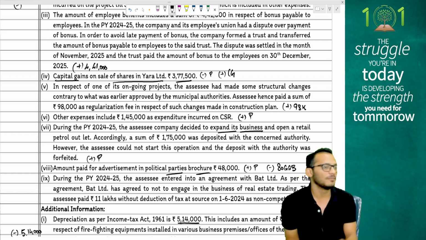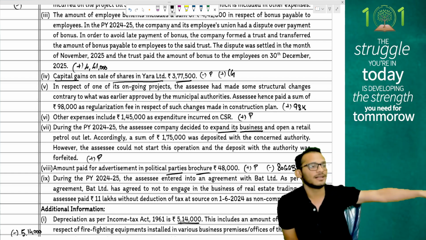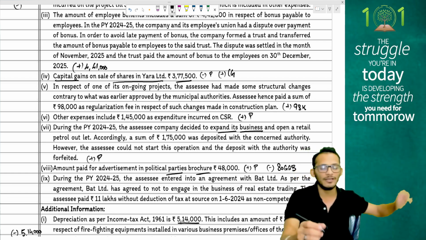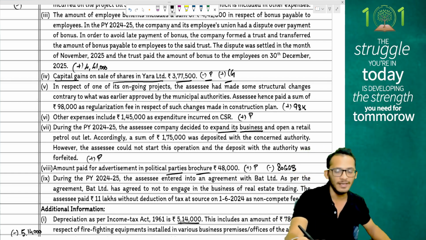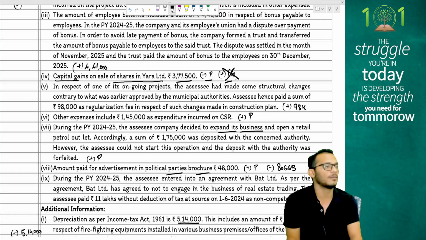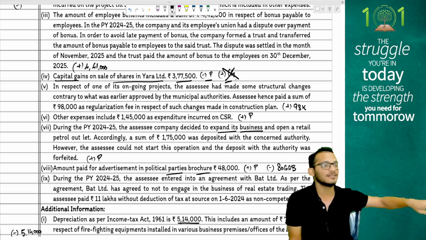Basically what I'm trying to tell you, people, is that what you reversed is the number given in the additional information. So don't put two capital gains. There is only one capital gains. We were planning, no, people, that we'll do minus PGBP and plus CG. Don't do plus CG, because plus CG is coming from additional information. If you do this plus CG and that plus CG, it will become double CG.